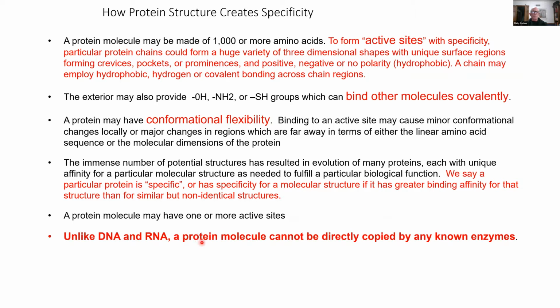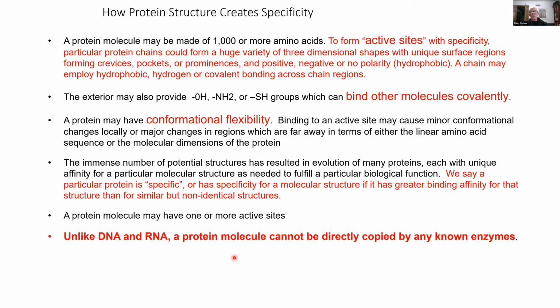And so in the lab, you can copy DNA and RNA with enzymes. And that's what PCR does. And it is a process that was discovered in 1983, and it's opened incredible avenues of research and application.